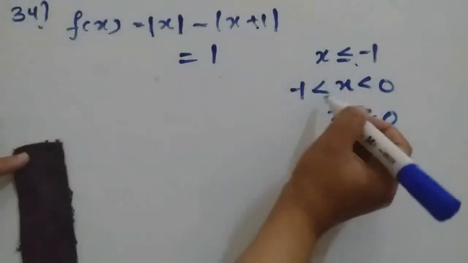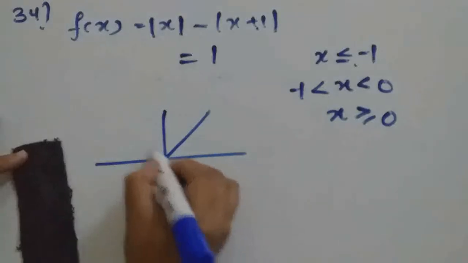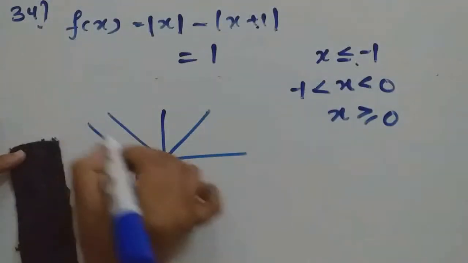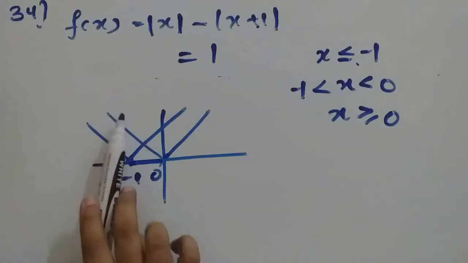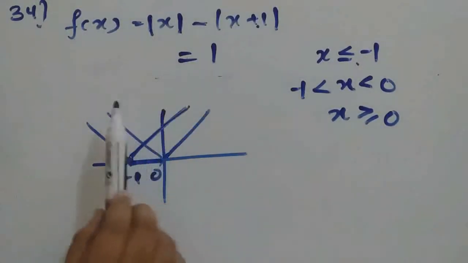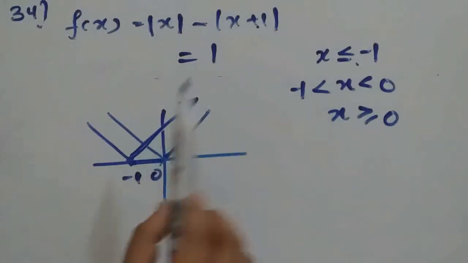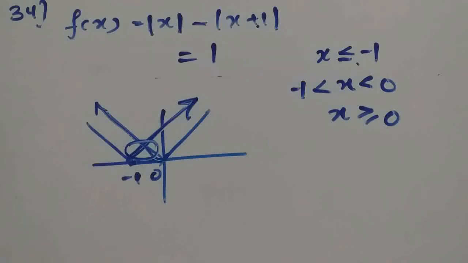Now we'll redefine for this area. Here mod x plus 1 is positive, but mod x is negative. One function is negative and one is positive.